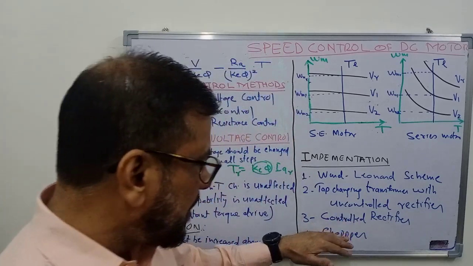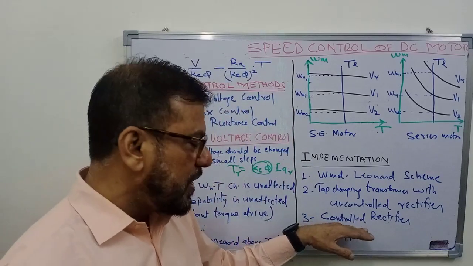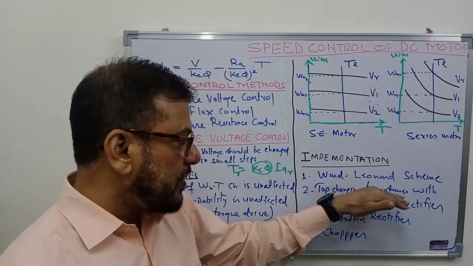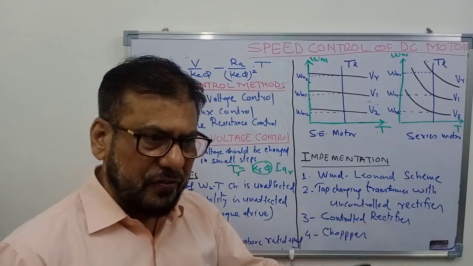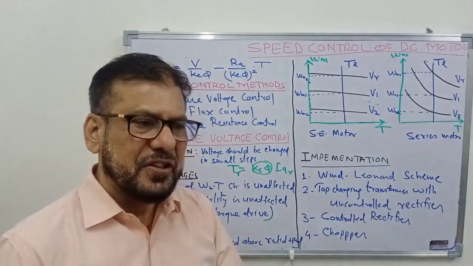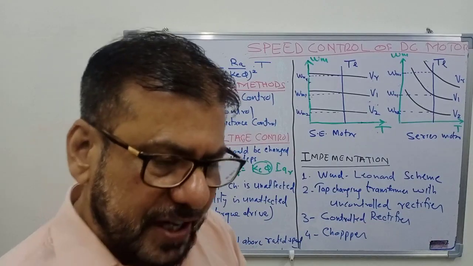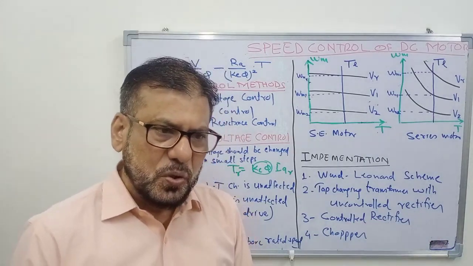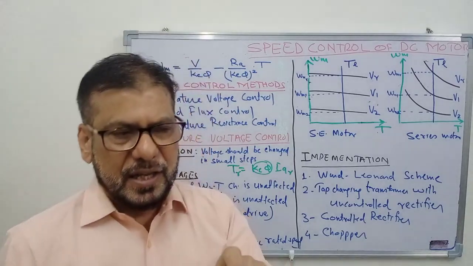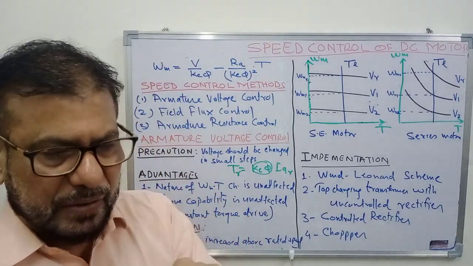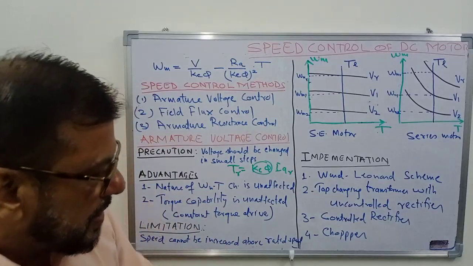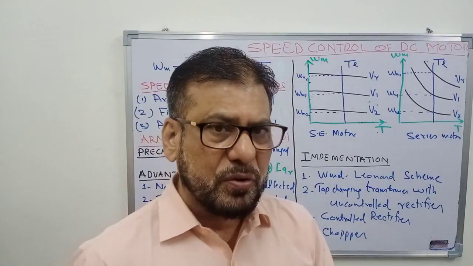The third method is, instead of using a tap changing transformer, you can use a controlled rectifier, a thyristor bridge, where you can change the firing angle of the thyristors to change the average output voltage available across the thyristor bridge, and that voltage is given to the DC motor to control the speed.